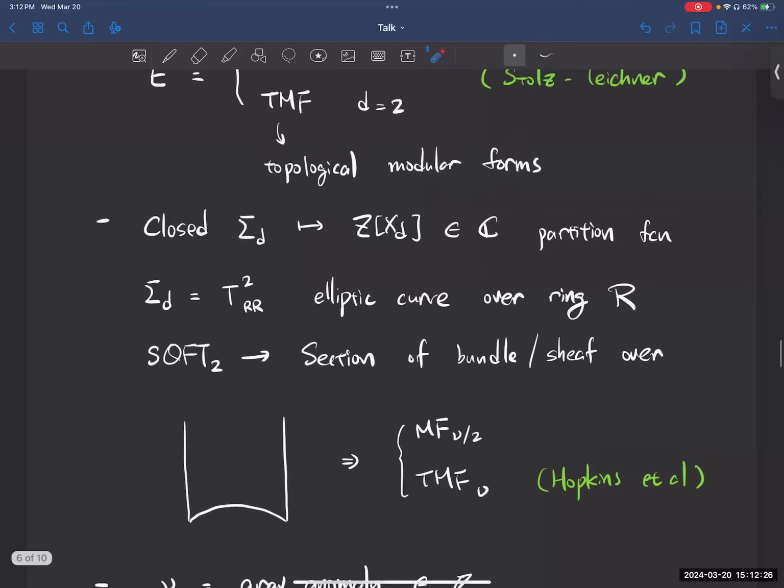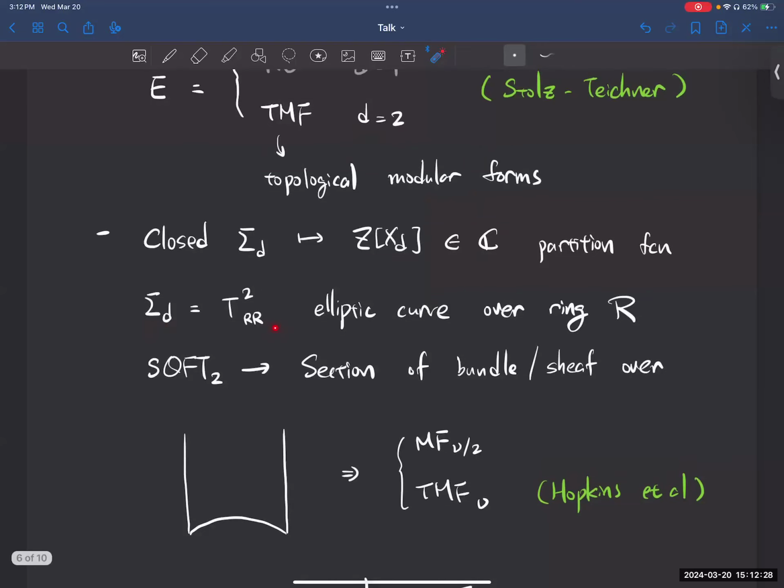In the case of little d equals 2, if I think about a torus with periodic boundary conditions for fermions, so Ramond boundary conditions in both directions, geometrically it's of course a torus, but algebraically it's more precise to say it's an elliptic curve, characterized by some kind of Weierstrass form.